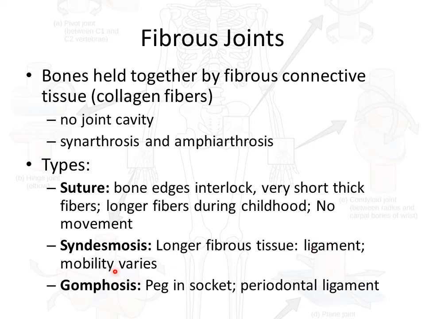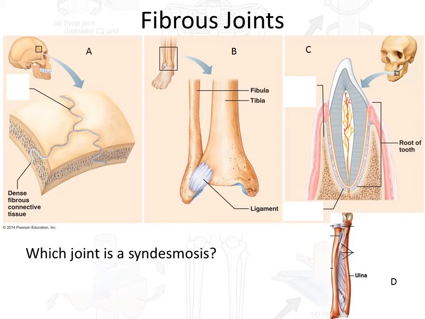There might be a little bit of movement, but definitely not a lot of movement. And then the last one is called the gomphosis joint, and this is pretty much a peg in a socket, with periodontal ligaments holding these together. This is typically talking about the teeth, how the teeth are held into the mandible and into the maxilla bones. So here are four examples of fibrous joints.